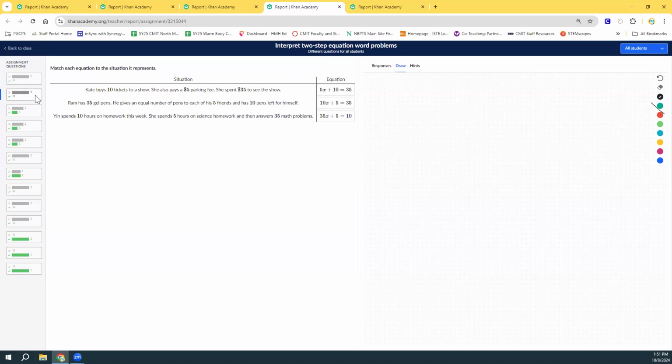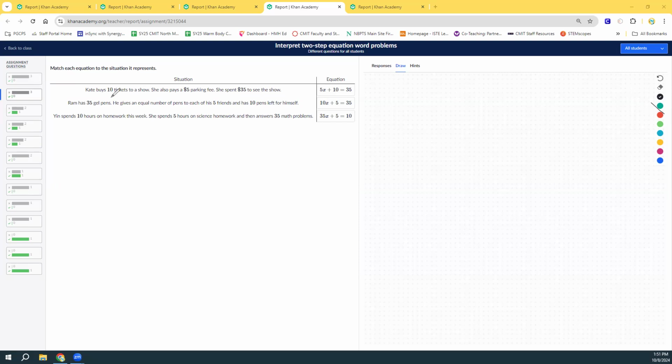I match the equation to the situation it represents. Kate buys 10 tickets to a show. She also buys a $5 parking fee. She spent $35 to see the show. Okay, 35, 5, 10.